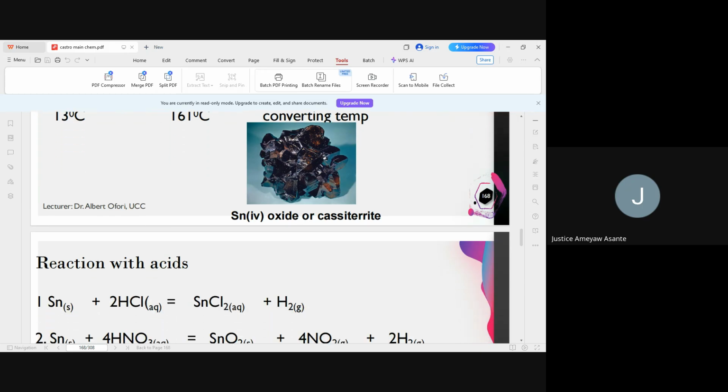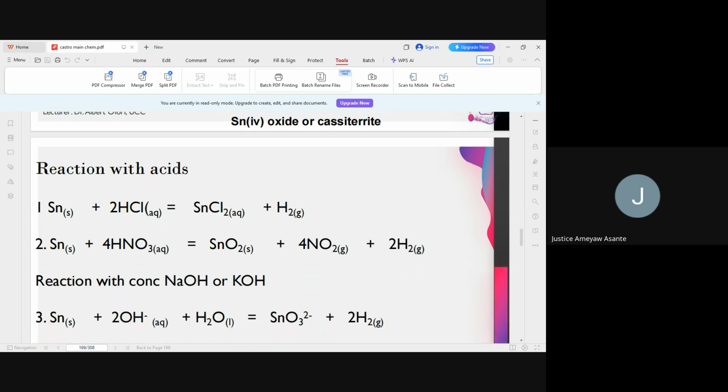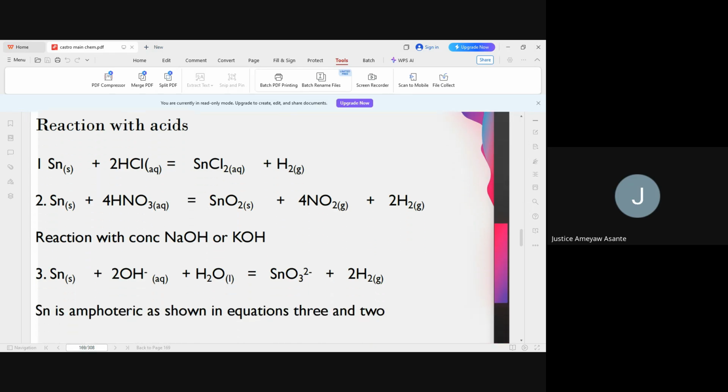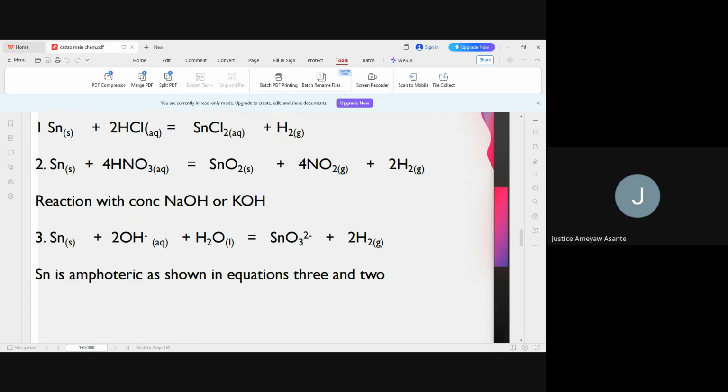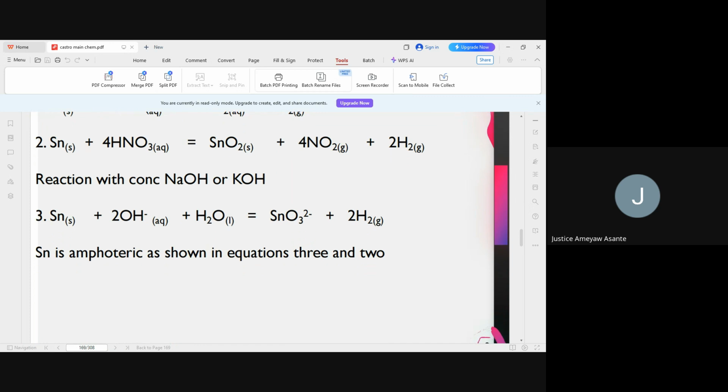Tin(IV) oxide is this. Reaction with acid. Tin reacts with acid to form tin chloride and production of hydrogen gas. In the reaction with nitric acid, it will give you tin oxide and NO2.